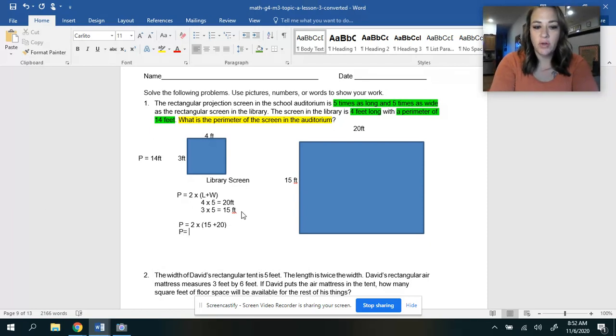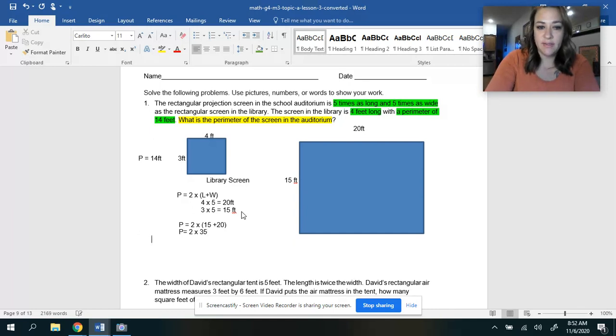We can solve for our parentheses first. 2 times, well, what's 15 plus 20? 15 plus 20 would give us 35. Then we can solve from there. So 35 plus 35 is going to give us 70. So perimeter is equal to 70 feet.